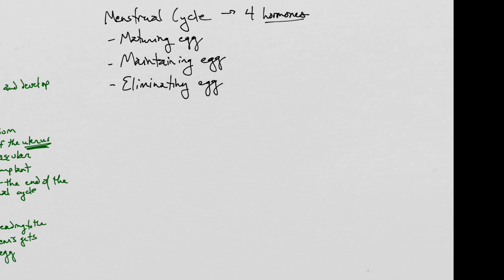And remember that hormones are molecules. A hormone is a molecule, and it travels through your bloodstream, and when it hits a certain cell, it triggers a change to happen inside of the cell.